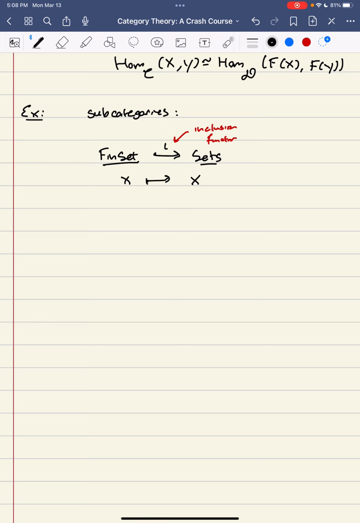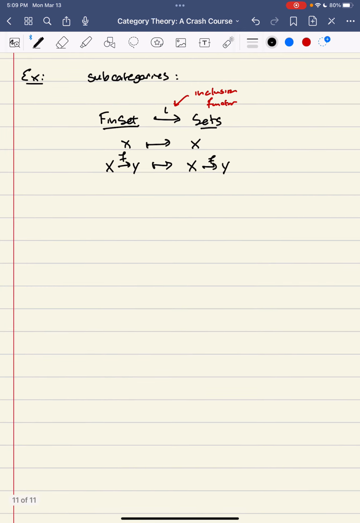And any function between finite sets, there's no extra information we're losing. If X and Y are both finite sets, then this morphism f just goes to itself.